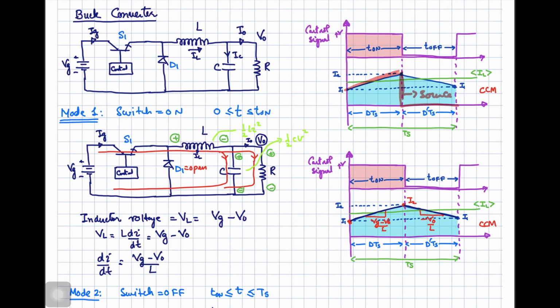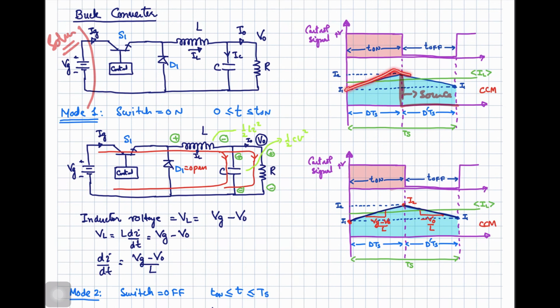Source current is discontinuous. The source is not continuously connected with your load. That is the drawback of this buck converter: if you have solar panels over here and you are extracting the energy from them, energy is available, but you are not extracting it for this portion. You are just utilizing the current for this part, so you are not utilizing your solar panels properly. So the buck converter is not used with solar panel applications because the source current is discontinuous.